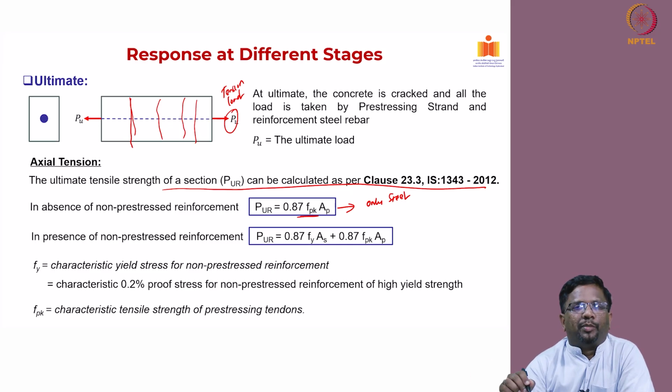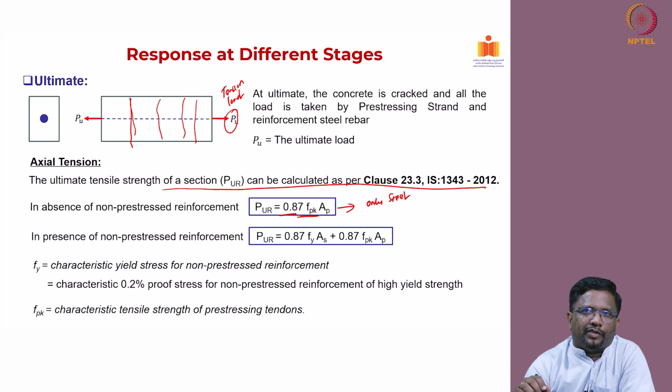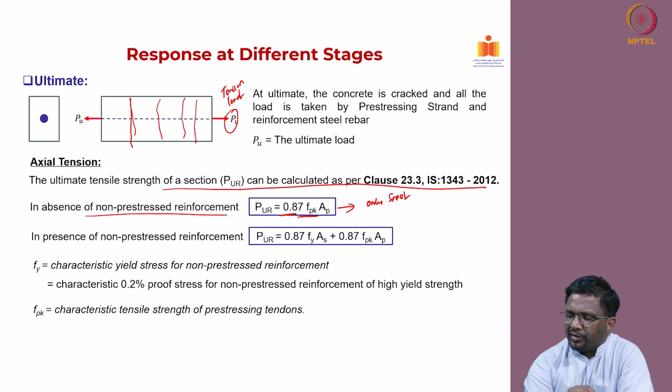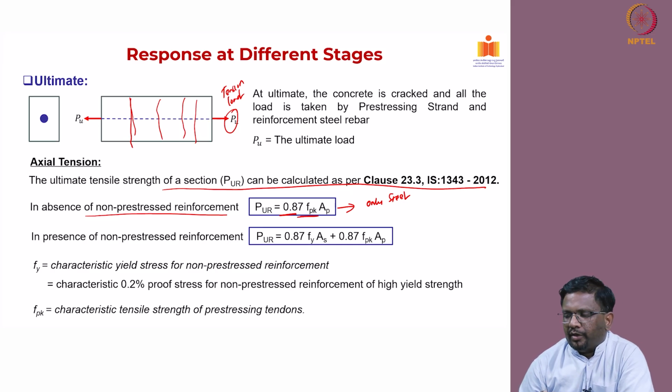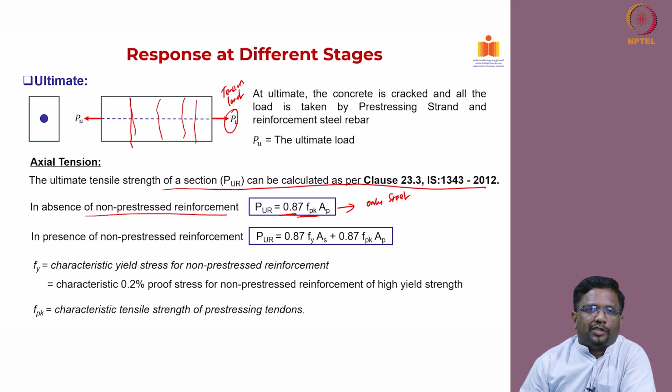Stress multiplied by the area will give me the force or the strength, and again I need to apply a material safety factor, which is 0.87. So, when there is no non-pre-stressed steel reinforcement, that means you have only pre-stressing steel, then this is the equation, with the assumption that at the cracked location it is only the steel that is resisting the entire applied load. So, the ultimate strength is going to be 0.87 into FPK into AP.